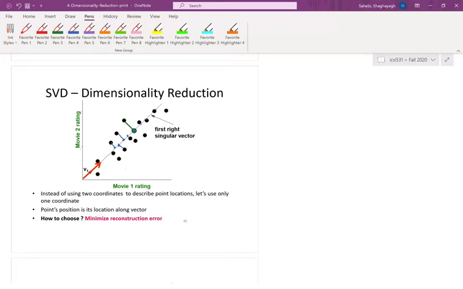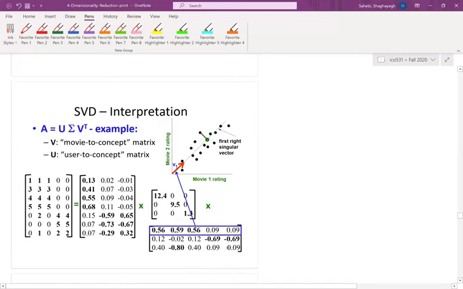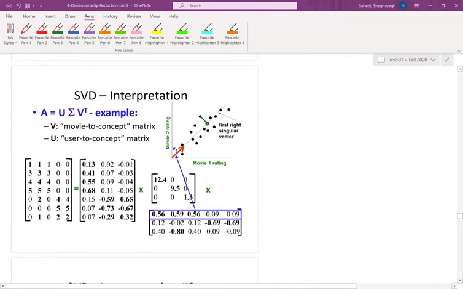So basically, we want to be able to reconstruct our data in the original space, both movie ratings, without losing lots of information. Or in other words, minimizing the reconstruction error.